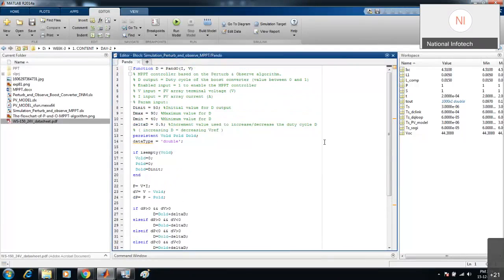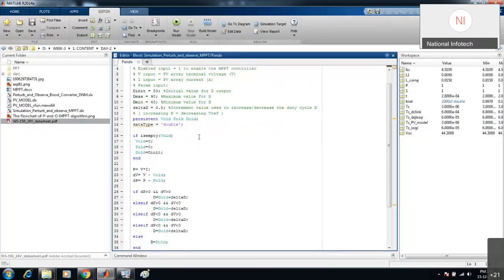So this same script we will be using for the hardware implementation. We'll see it when we see the experimental video and codes. Don't worry about that. This same kind of script we have written in order to obtain the PNO algorithm.